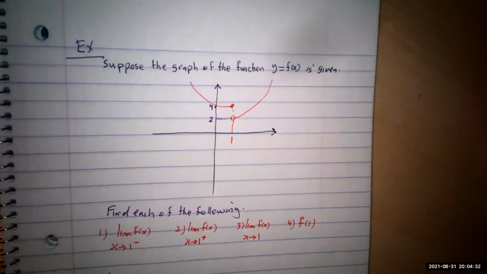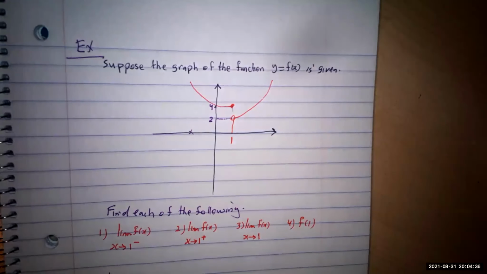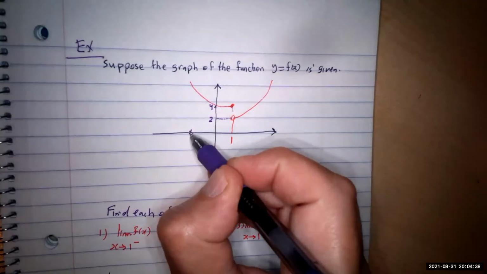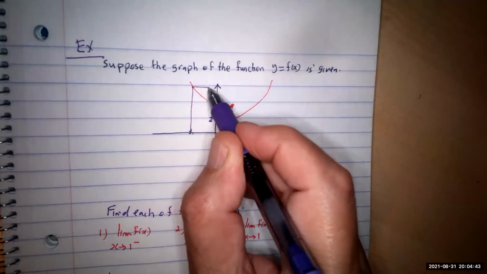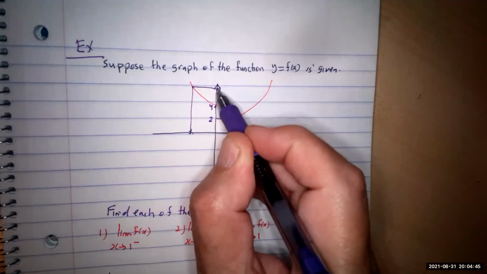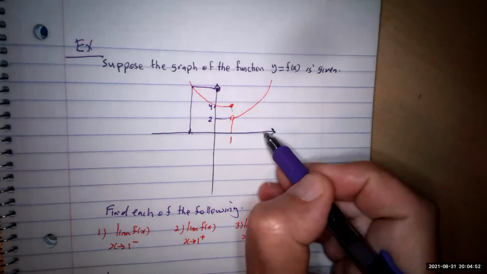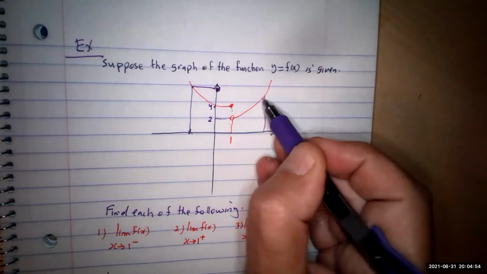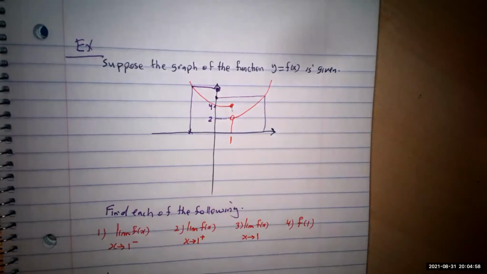If you pick a point here, and you want to find the value of the function, you just draw a vertical line that intersects the graph, and this is going to be the value of the function. If you pick another point here, this would be the value of the function. The value of the function is on the y-axis, the value of x on the x-axis.